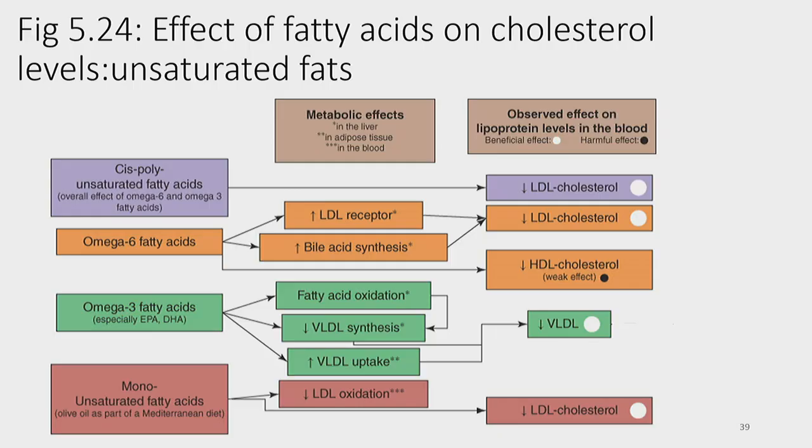So when we ingest omega-3 fatty acid, it increases the fatty acid oxidation in the liver, which depletes the fat content in the liver, resulting in reduced VLDL synthesis and less VLDL in the blood, and also increases the VLDL uptake by the adipose tissue. All of this here in the green results in less VLDL.